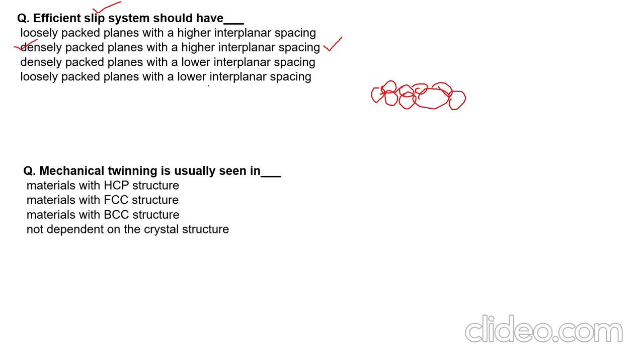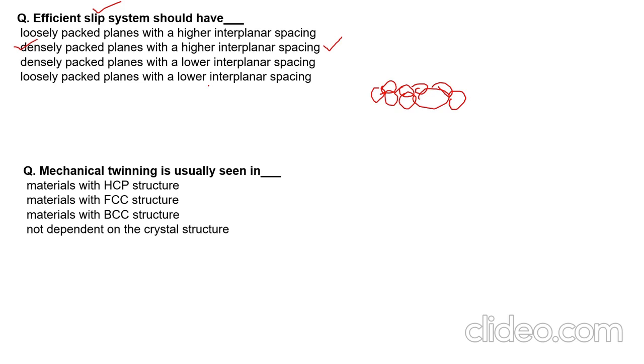That will qualify it to be an efficient slip system, right? That is why it will slip from one plane to another. So you should remember, for an efficient system you should have a densely packed plane and a higher interplanar spacing.